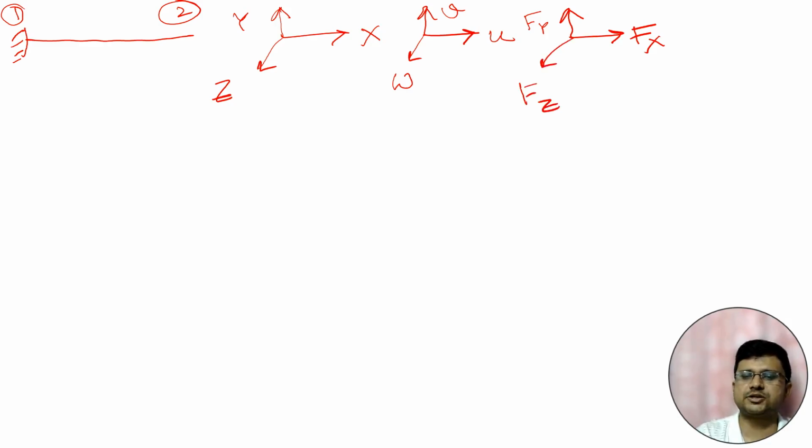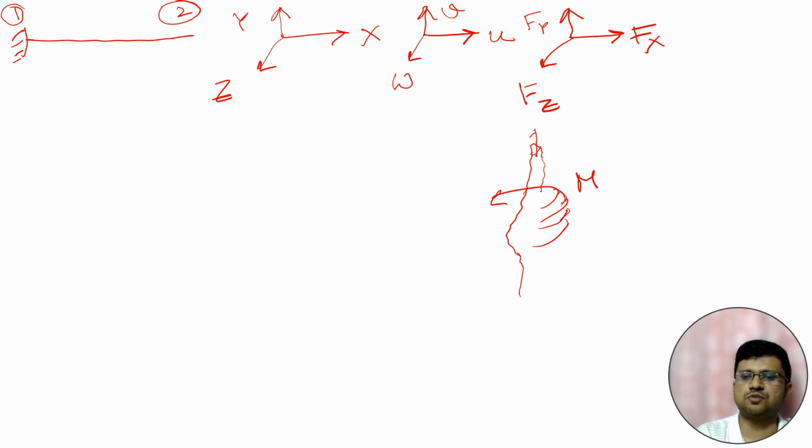Now, what will be the direction of movement? The direction of movement will be based on the right hand thumb rule. If we put our right hand, and this is our thumb, this thumb is along the particular axis, then the rest of our fingers will show us the direction of the moment.